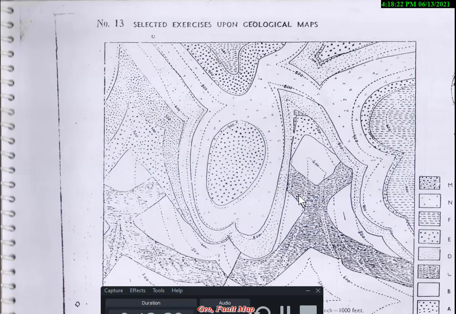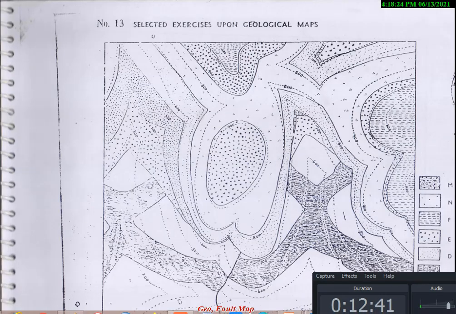Okay, and also if you study this way, this line is a fault line, but there is no F written. I did not find any F letter, but with the help of the displacement of this bed and this bed, you can say this line is a fault line.